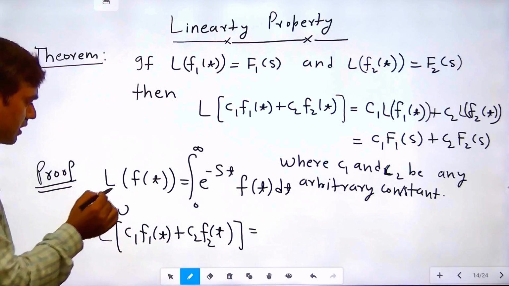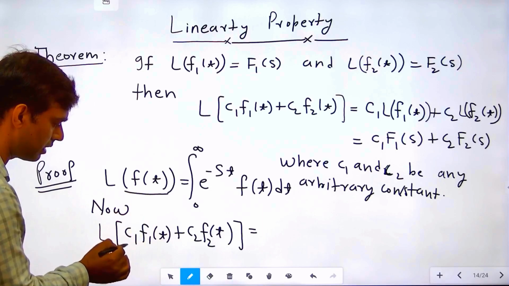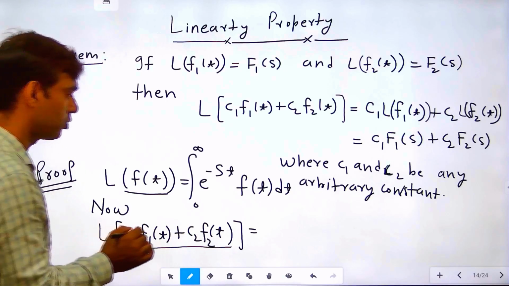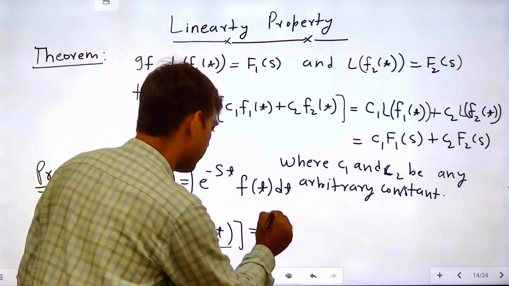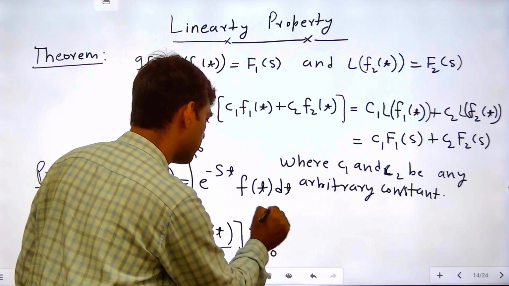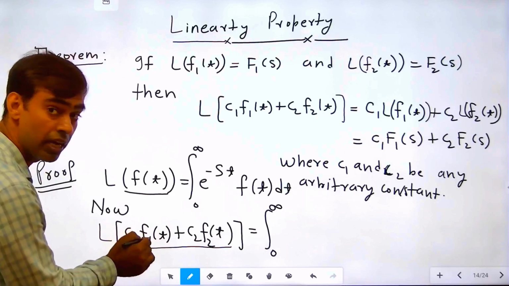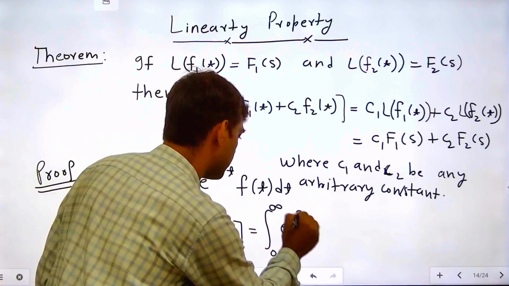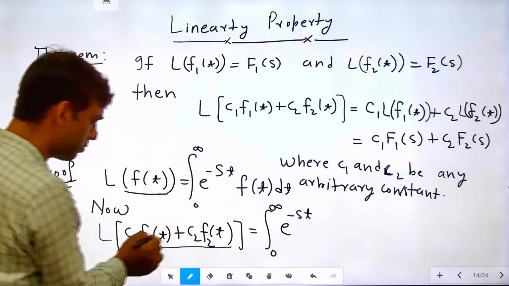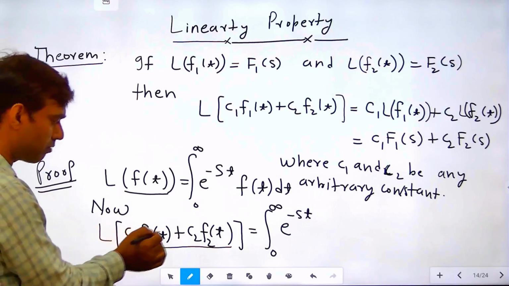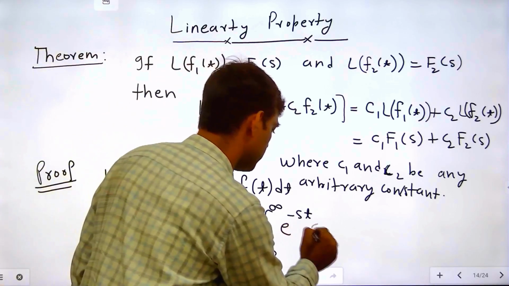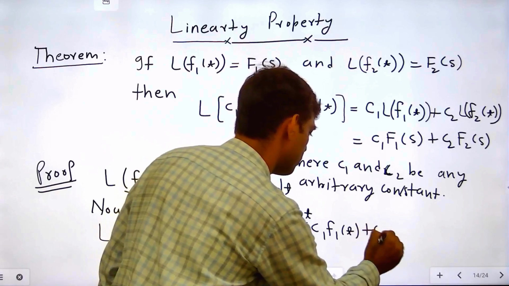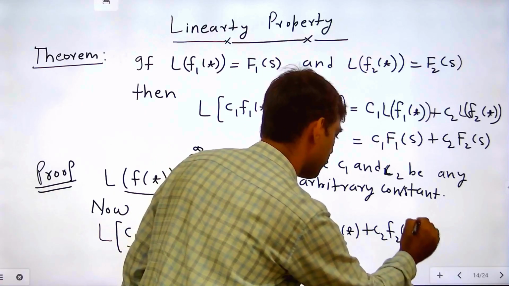By the definition of a Laplace transform, in place of f(t) we write c1 f1(t) plus c2 f2(t). So this becomes the integral from 0 to infinity of e to the power minus st times (c1 f1(t) plus c2 f2(t)) dt.